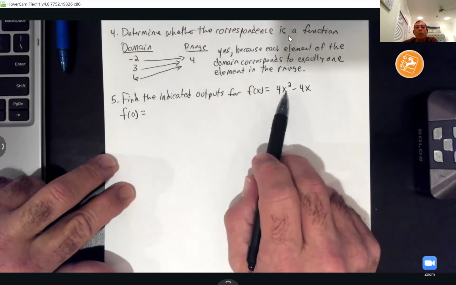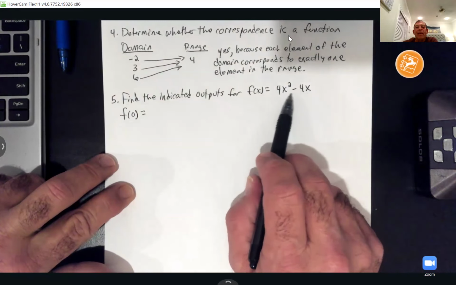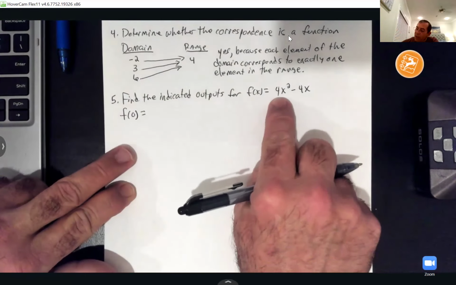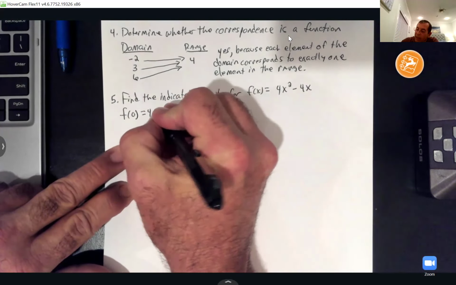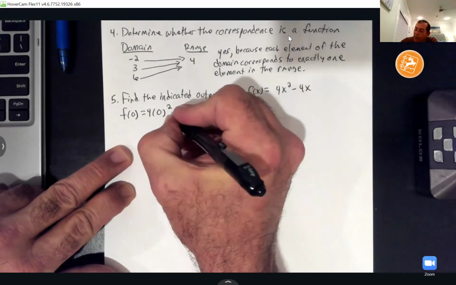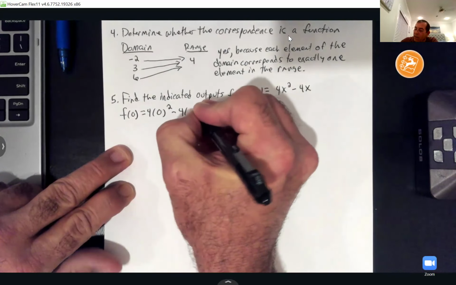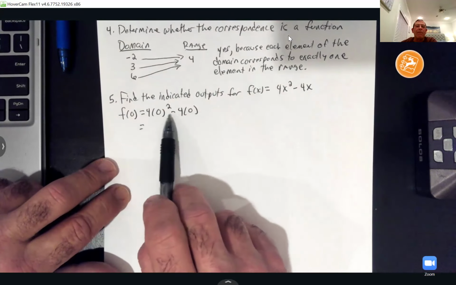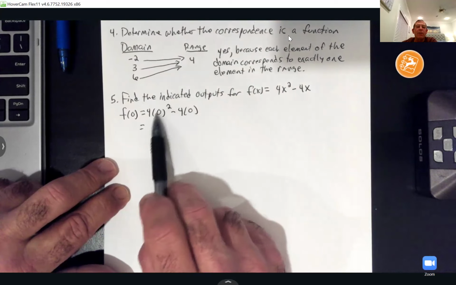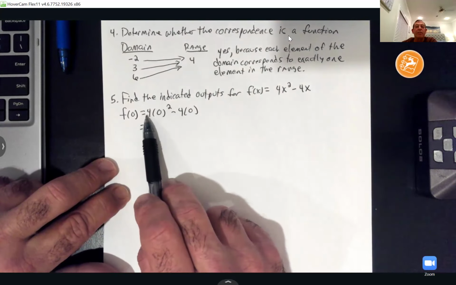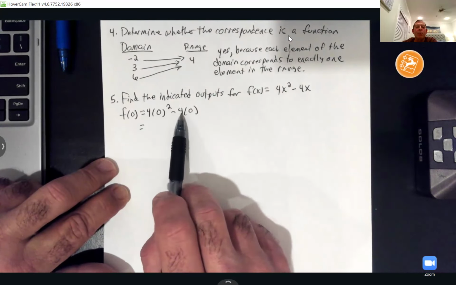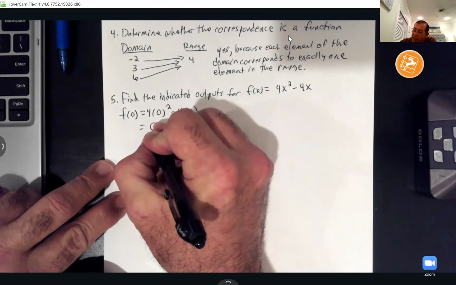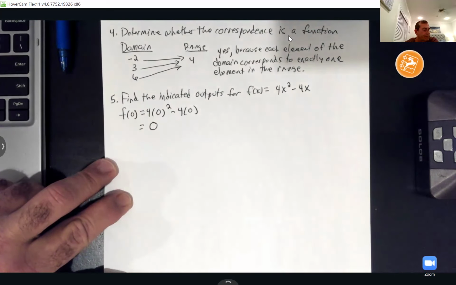So f of 0 wants me to put a 0 in for both of these x's and then hit it with order of operations. So that's going to give me 4 times 0 squared minus 4 times 0. We got zeros being multiplied everywhere. 0 times 0 is 0, times 4 is 0, minus 4 times 0, which is 0. So this is a big 0.